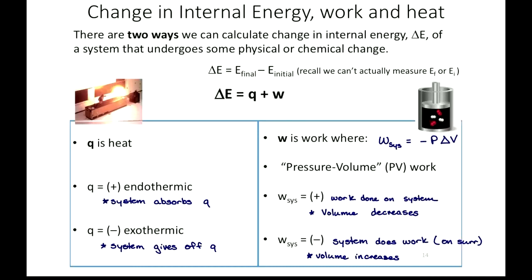So it's Q of the system. Endothermic reactions: Q is positive, the system gains energy. If we're holding the system and the system gains energy, what are we going to observe? It will get colder.